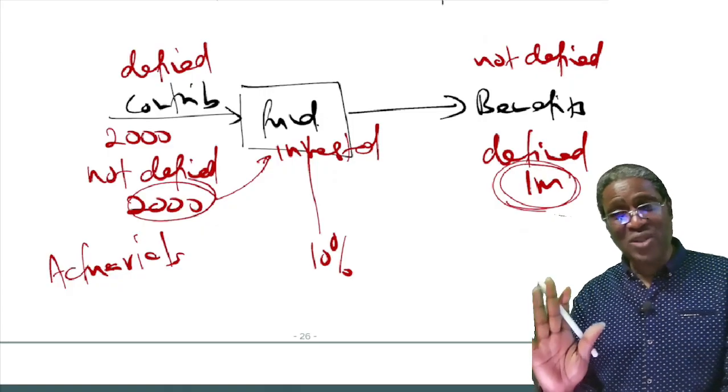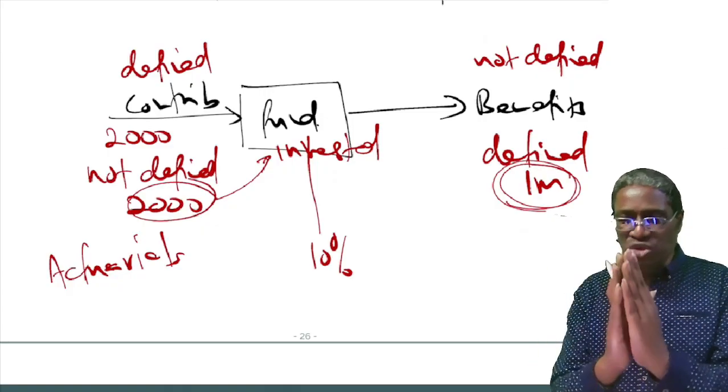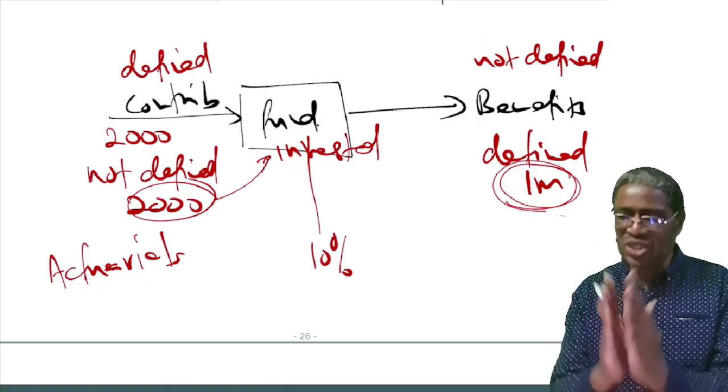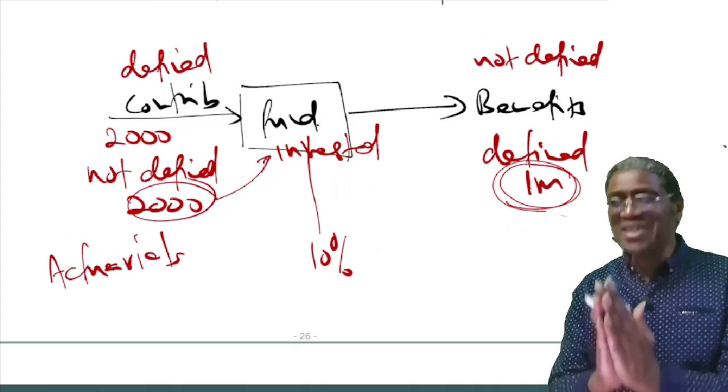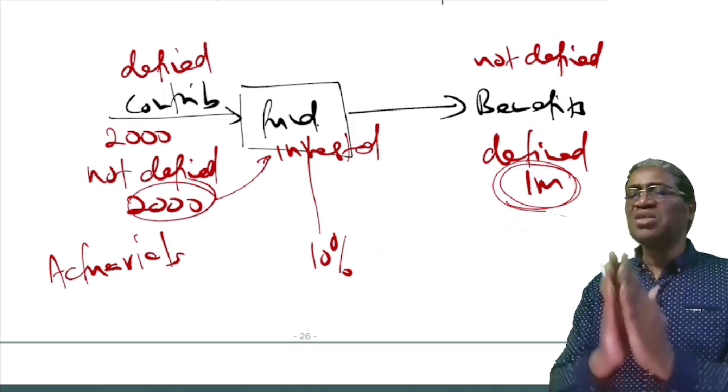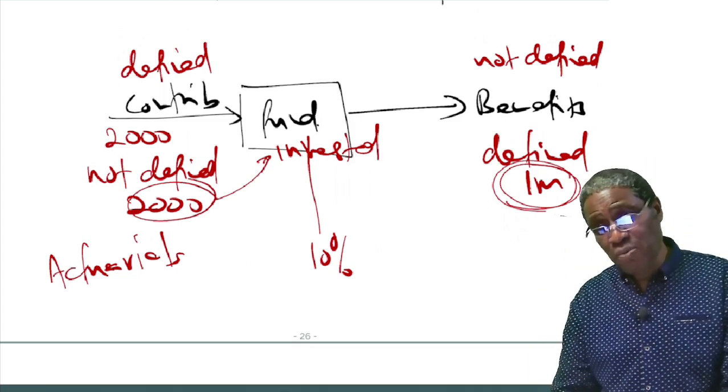So that's what we are saying, that these contributions will be set at such an amount that is expected to earn enough return to meet these future obligations.